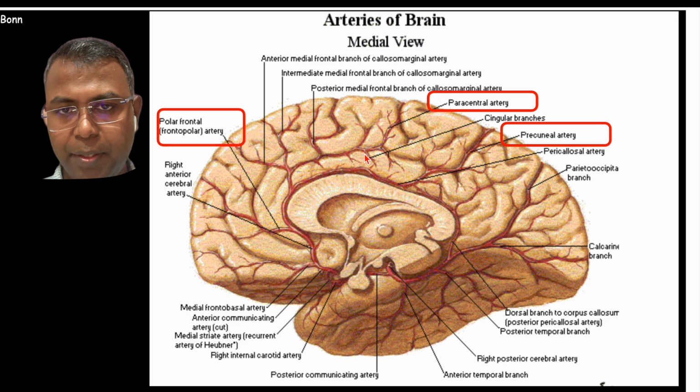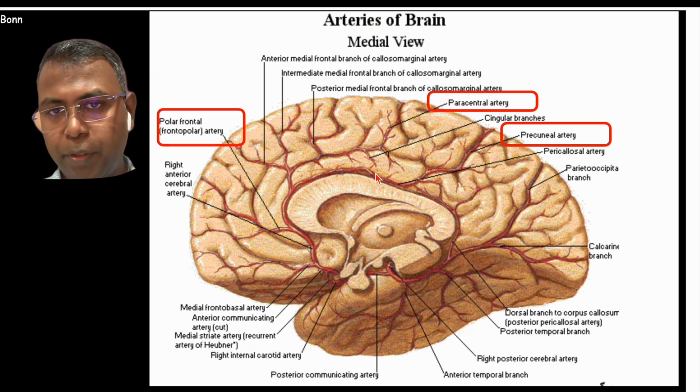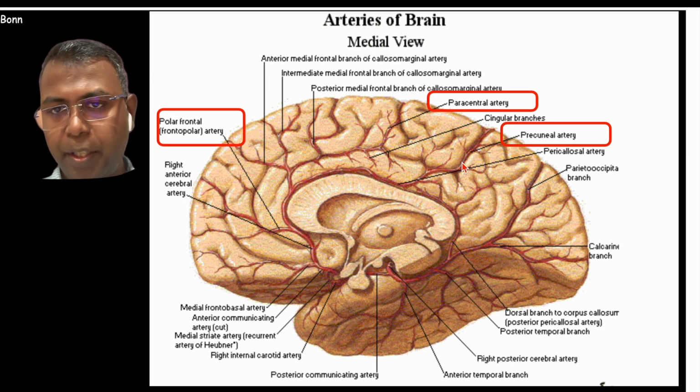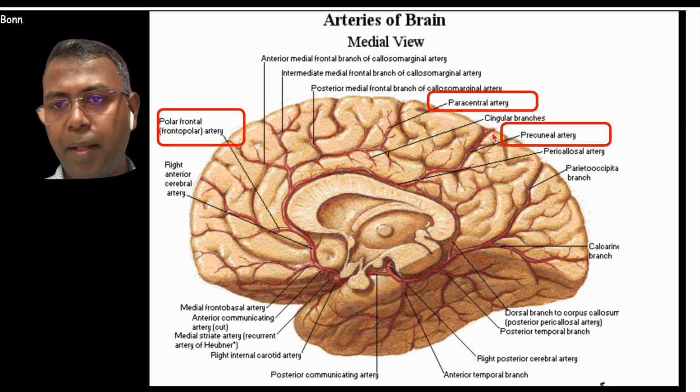You can see this groove is the callosal sulcus and this is the corpus callosum. From this corpus callosum, in this picture you can see that this branch which is coming, running along the groove, is called the precuneal artery.